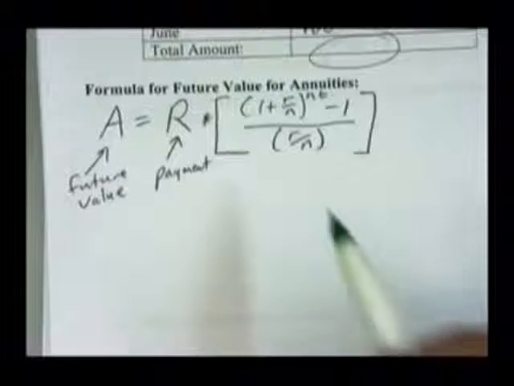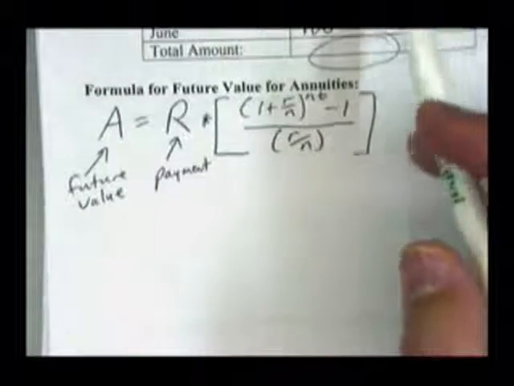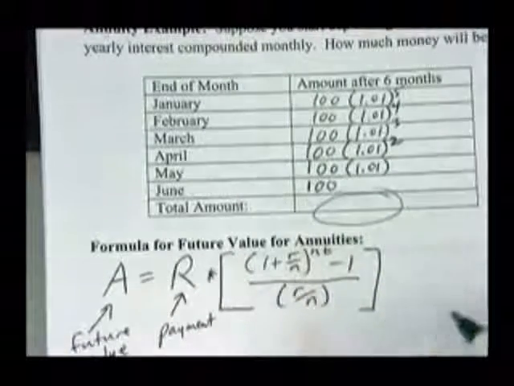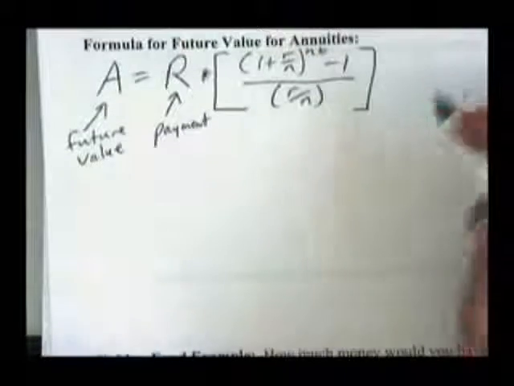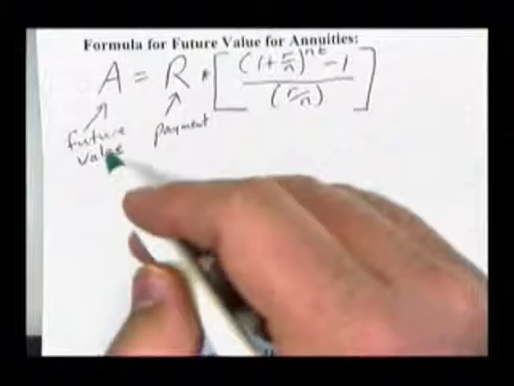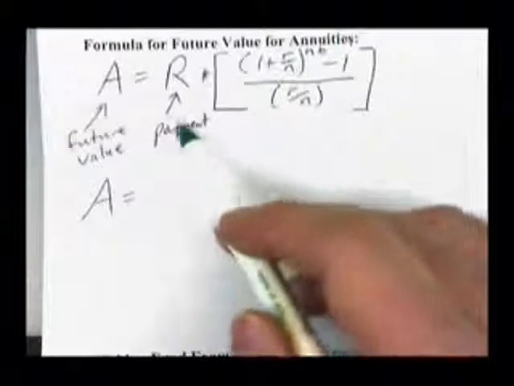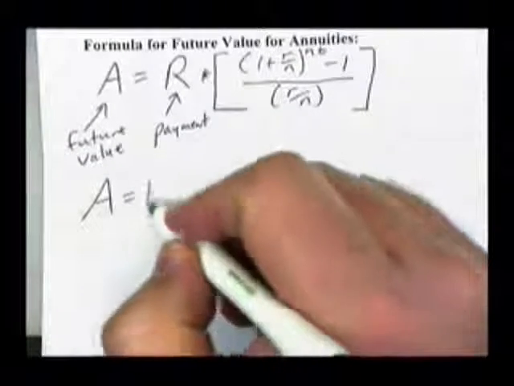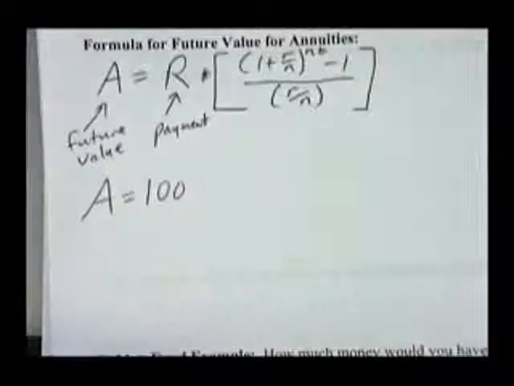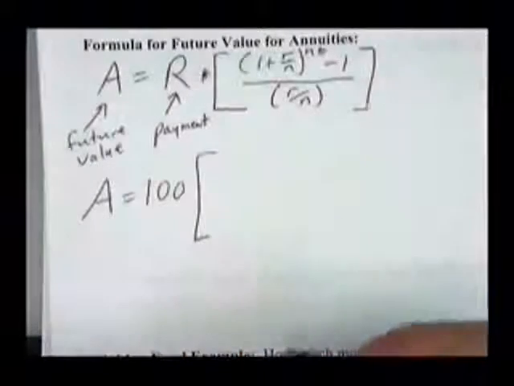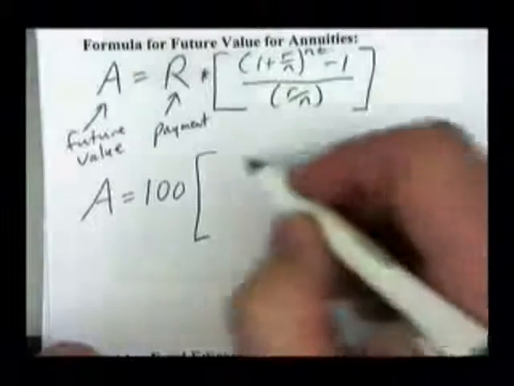So if we want to do that for this particular example without having to go through all of this stuff, alrighty, we can do that. So what I'm going to do is plug in what I know. I don't know the future value, but I do know what the payment is. I'm putting in $100 every month. And now I've got this parentheses with all this stuff in it.